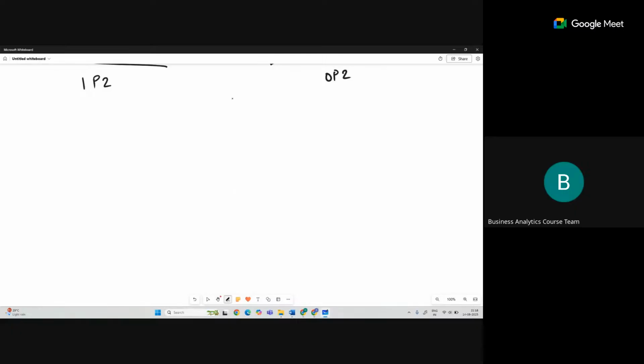Whenever you solve an optimization, you have decision variables. What is the next thing? Constraints. So in linear programming, what are the things that you will have? Decision variables, constraints. What else?